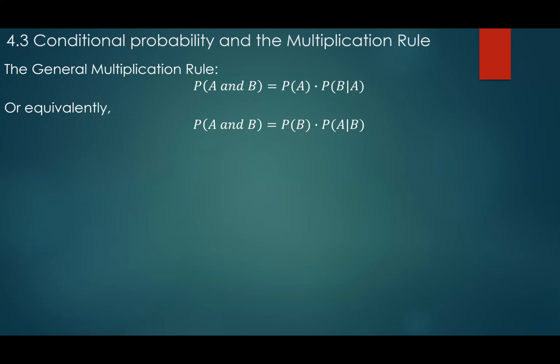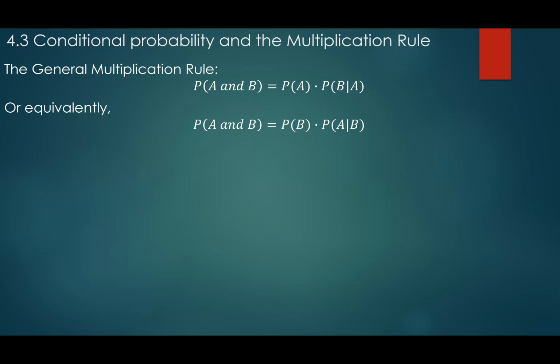Now, the multiplication rule also has the word "and", but in 4.3, when you select multiple times, when you do multiple items, this "and" tells you to multiply.